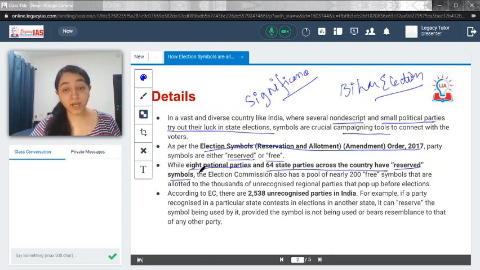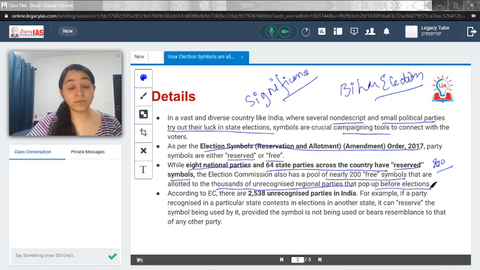But apart from that, the Election Commission has a pool of nearly 200 free symbols. From this pool of 200 free symbols, the Election Commission can allocate a single symbol to any political party which is not recognized yet. These are allocated to thousands of unrecognized regional parties that pop up before elections.